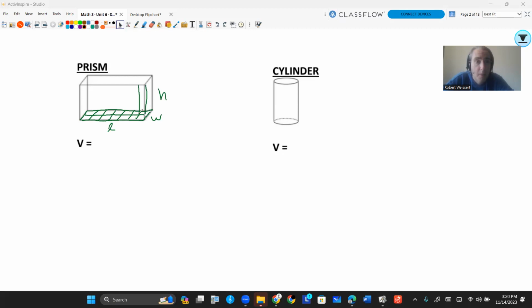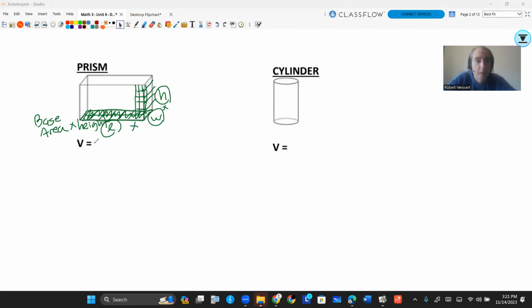So remember, volume is how many cubic units an object takes up. You imagine a bunch of little cubes stacked up together. You can calculate that by multiplying length times width times height, or the more generic version of it is the base area times the height.